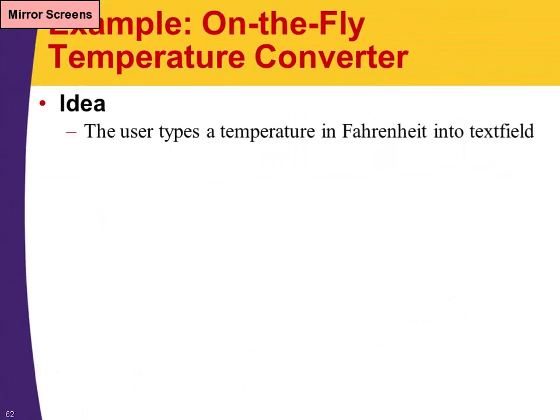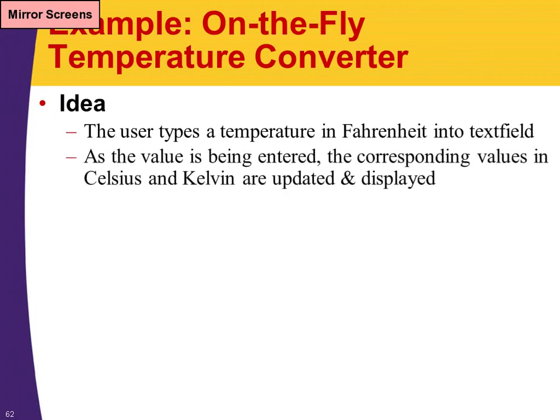Here's another piece. We're getting close to wrapping this up, just to finish it off. This is an example of a temperature converter on the fly. The idea here is we want to allow the user to type in a temperature in Fahrenheit. As the value is being entered, this shows you how Ajax really is working without the full page updates.